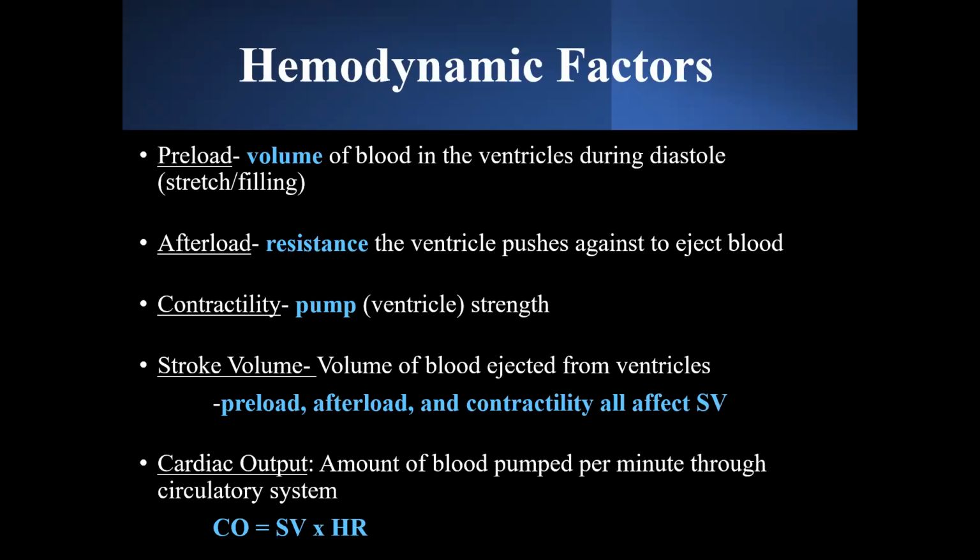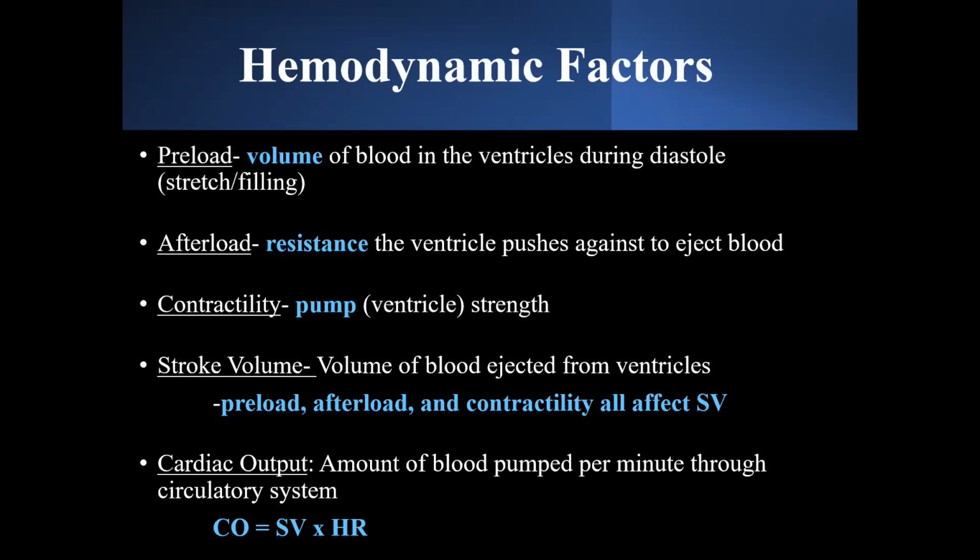Afterload is the resistance the ventricle has to push against to get that blood out of there. So when we talk about afterload, it is the resistance to ventricular contraction or systole.